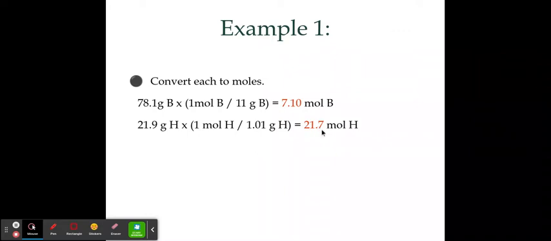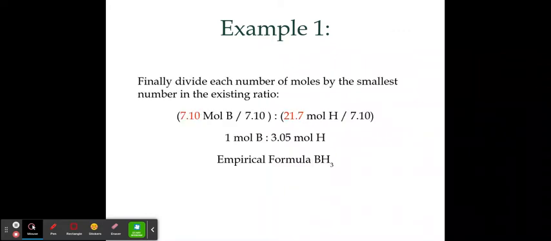Now, we want to find the ratio here. Okay, so we want to divide each one of those by the lowest mole number, which is 7.10. Okay, so we divide both of the numbers found by 7.10. And it turns out that we get 1 for B and 3.05 mole of H. Now, this is very, very low.